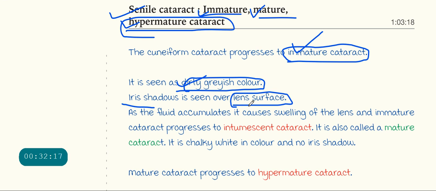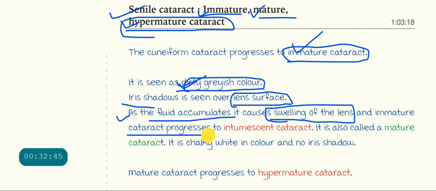Then the next point, as the fluid accumulates, this dirty grayish colored fluid is getting accumulated over here. As the fluid accumulates, it causes swelling of the lens, and immature cataract progresses to intumescent cataract.